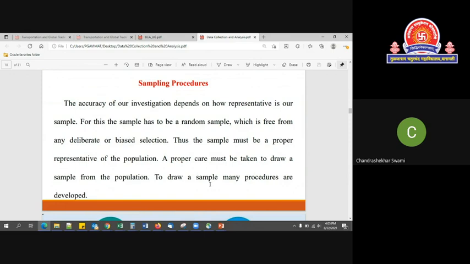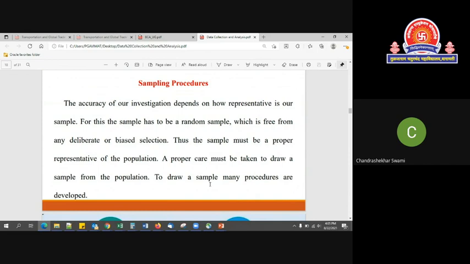For getting the representative sample, what do we have to use? A random sample, which is free from any deliberate or biased selection. If we select some sampling units in our sample deliberately or under some bias, then that sample is not a good representative, and the result may be wrong.